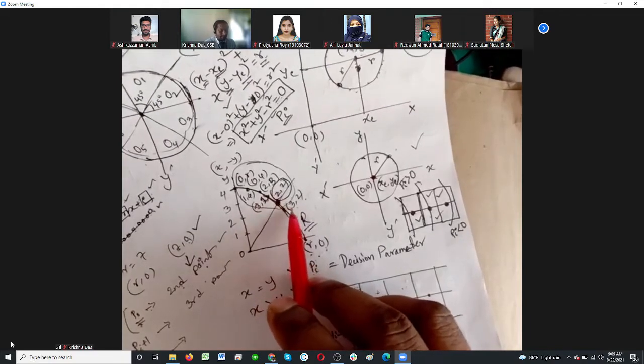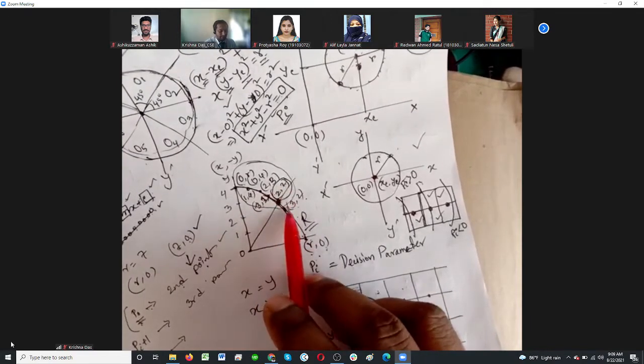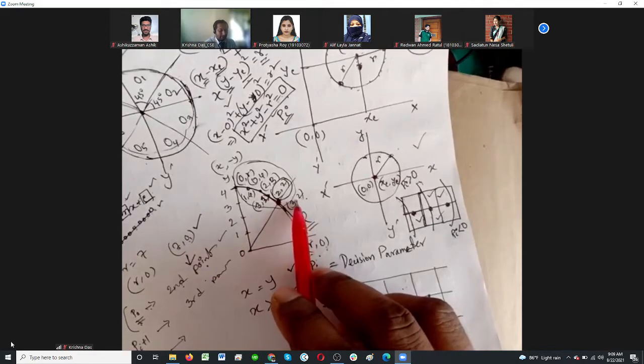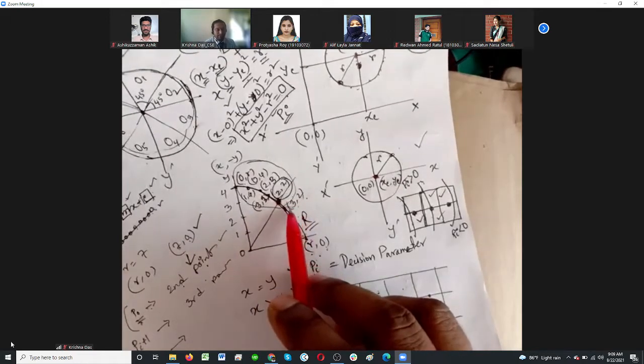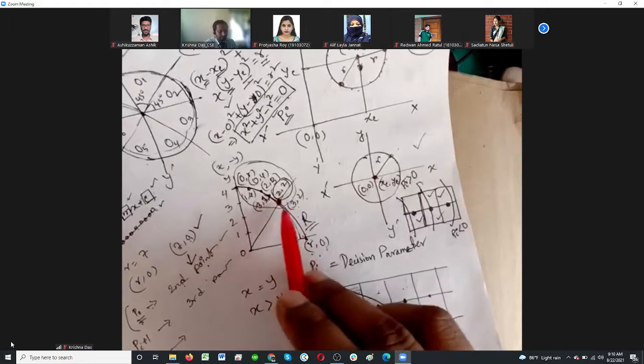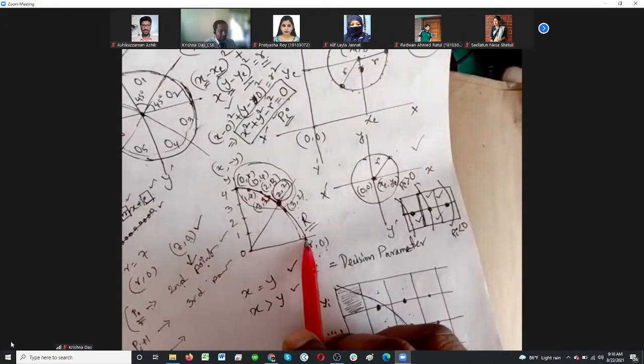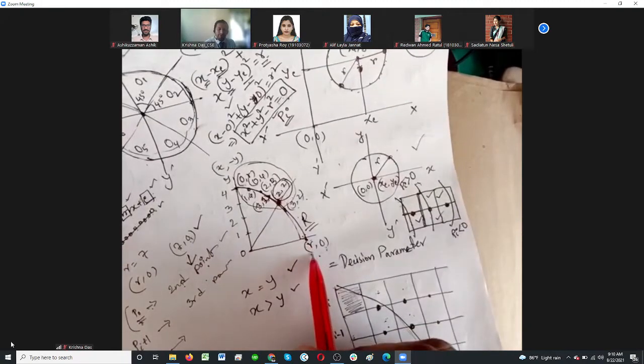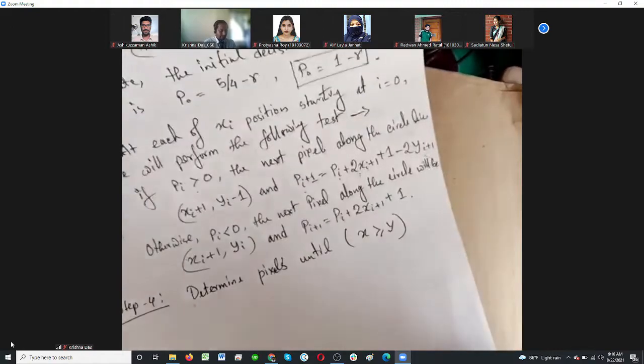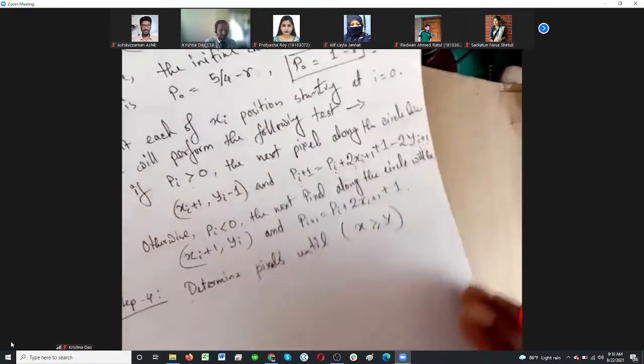It was 2 and 3, now becoming 3 and 2. It indicates your points have started to reverse. So now we can just reverse all the points that we have got, and then we get up to the point where 0r will become r0. That's why we go on until x is greater than or equal to y.